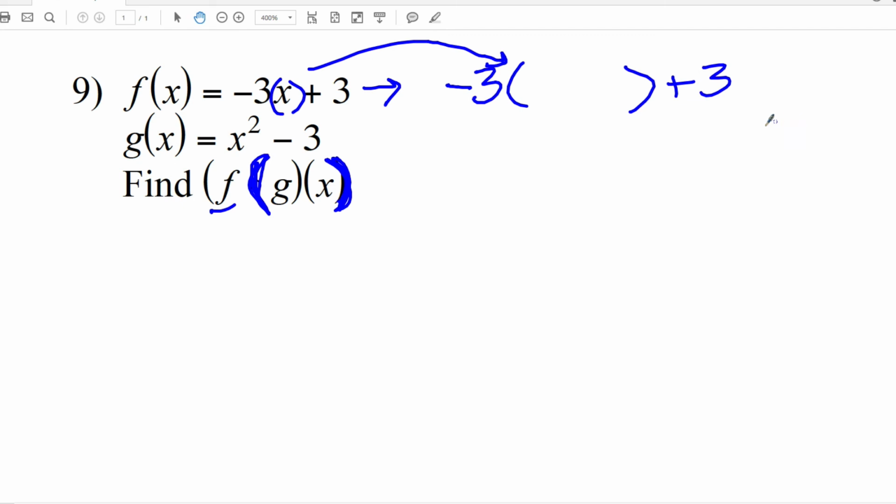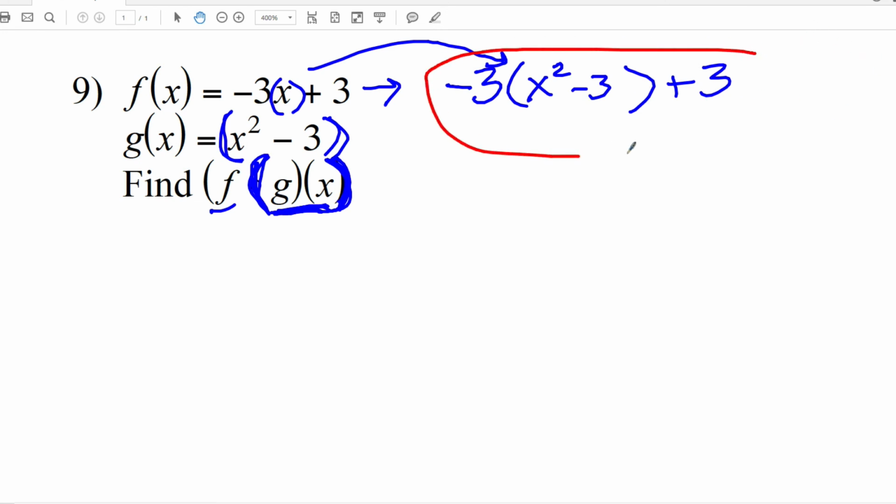What goes inside those parentheses? This part right here, g of x. Well, what is g of x? According to our problem, g of x is this. So that's what goes right here. I have x squared minus 3. And that is our answer. And that's all we have to do for that one.